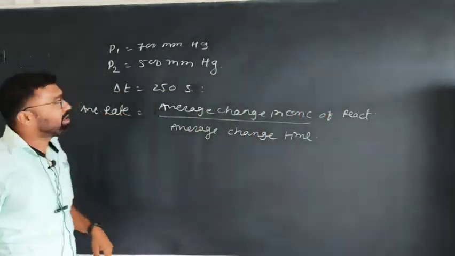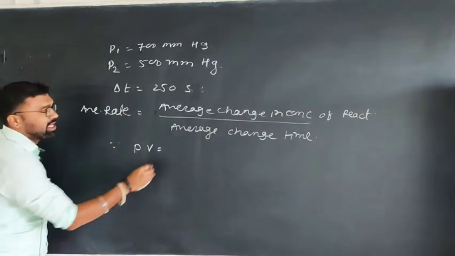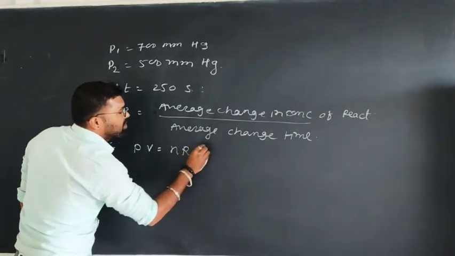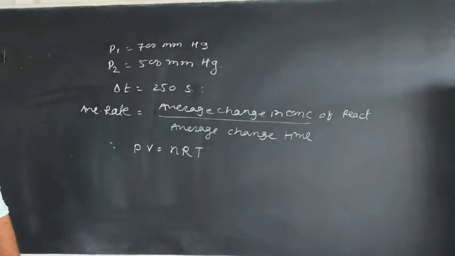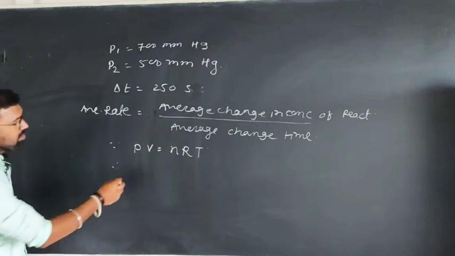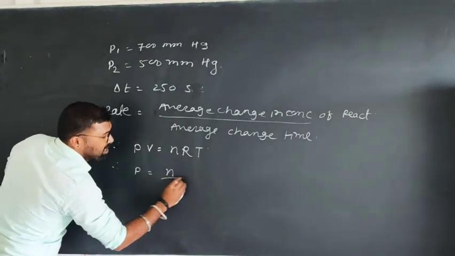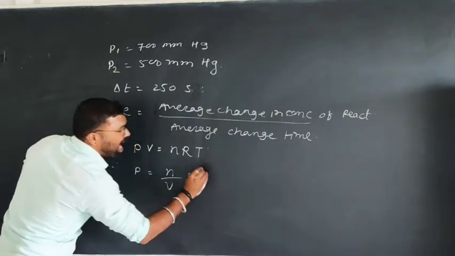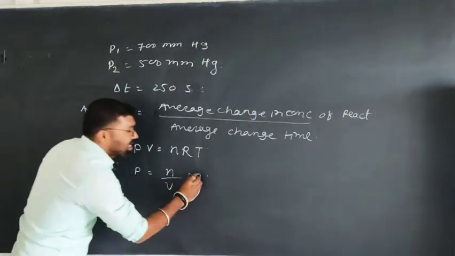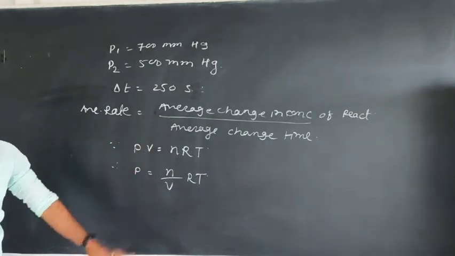For relating pressure and concentration we have the general ideal gas equation, PV is equal to nRT. Writing pressure with volume going reciprocal to the other side, P is equal to n upon V into RT. Here R is the ideal gas constant and T is the temperature. Suppose we keep temperature constant.